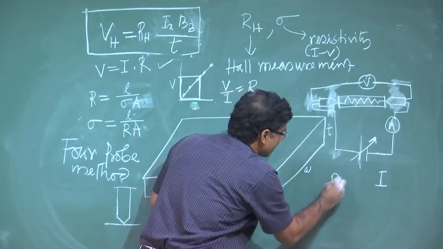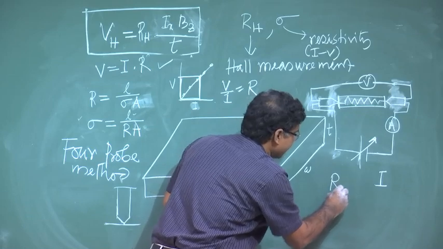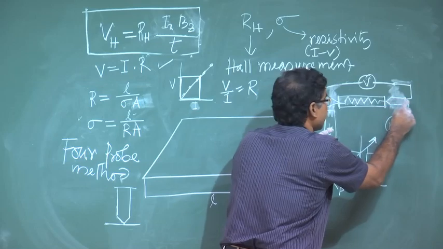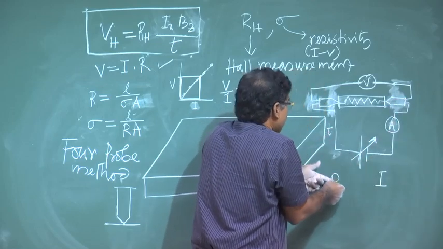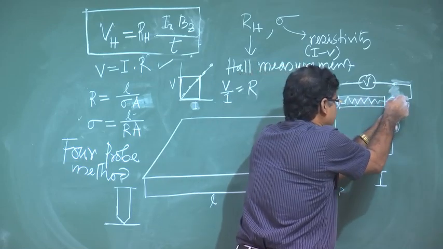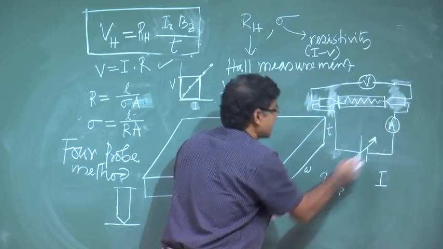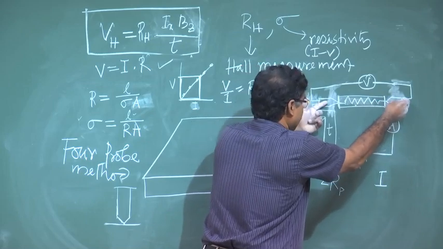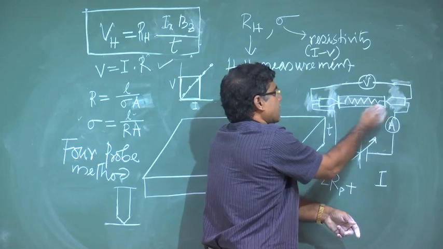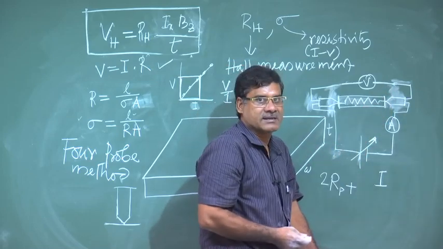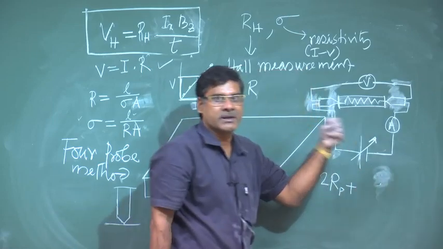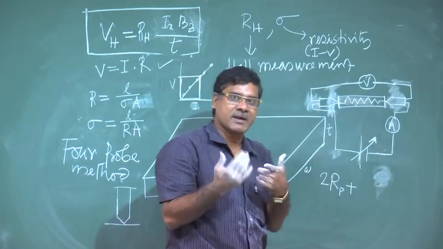If it is RP, the probe resistance, the current is flowing this way, so that resistance is RP, and that resistance is also RP. So, there are 2 RP in your circuit, plus there will be some contact resistance. You cannot ignore it when your sample resistance is very small.